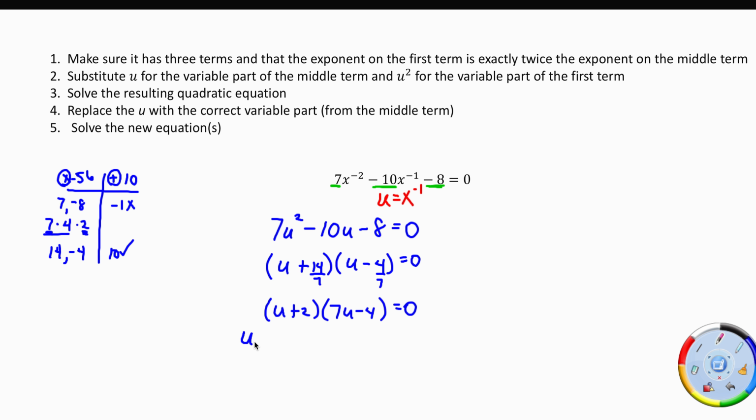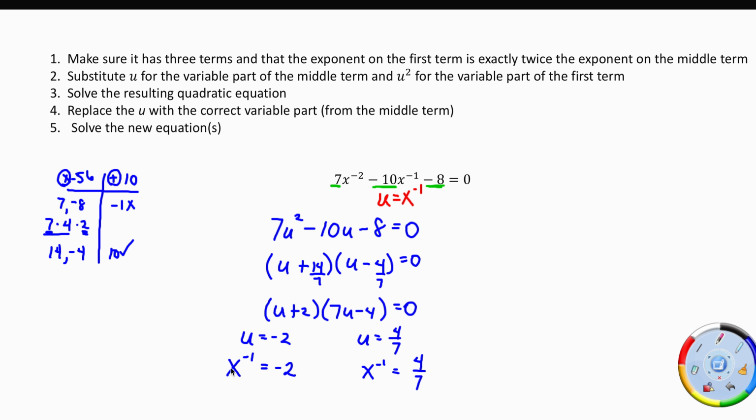That means u equals -2 or u equals 4/7. But once again, I don't care what u is. I need to know what x is. So substitute back in. Oh, u is x to the -1. So x to the -1 is -2, or x to the -1 is 4/7.